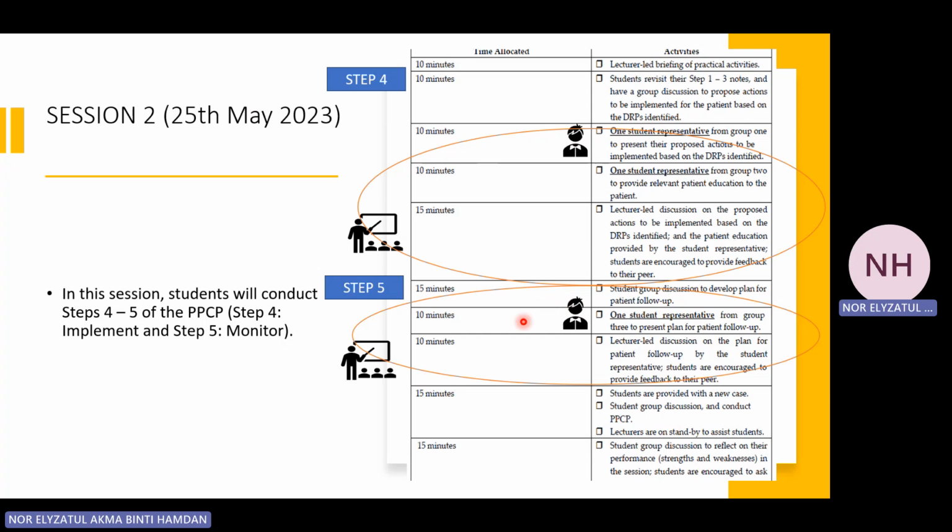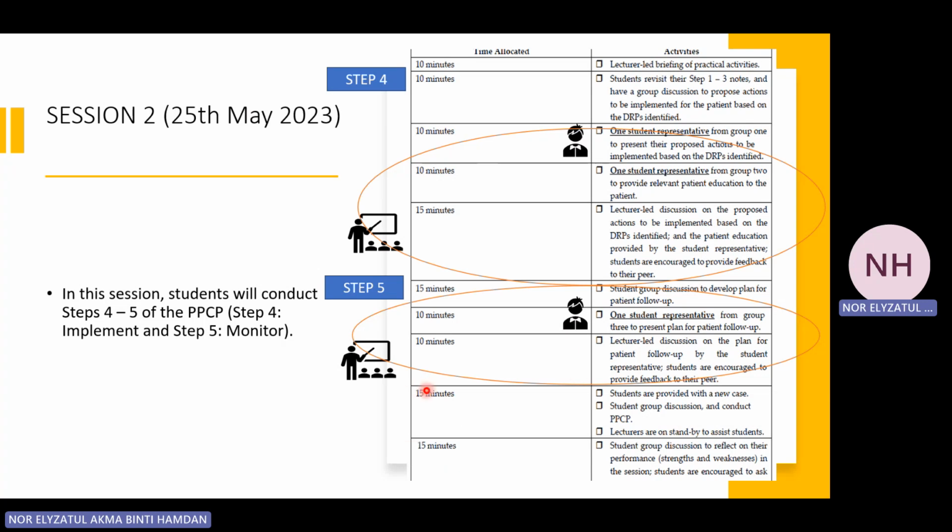All right, so the last step, step 5, is monitoring and follow-up measures. The students need to develop a plan for the patient's follow-up, and then one student will present the patient's follow-up, followed by the lecturer discussion and feedback.